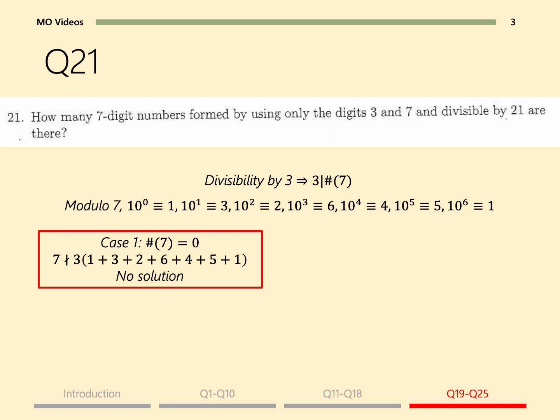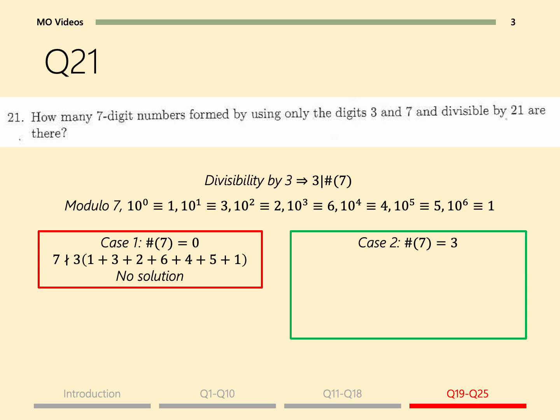At this stage, we identify two possible simplifications that we can employ. Firstly, we notice that removing all the 7s from the number does not change its divisibility by 7, and neither does changing all the 3s to 1s, since division by 3 does not affect a number's divisibility by 7.